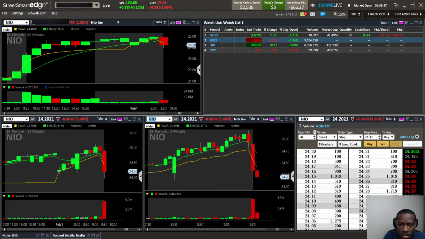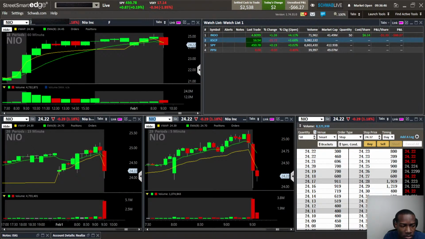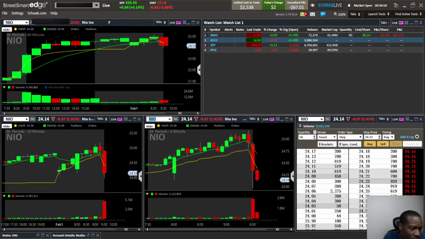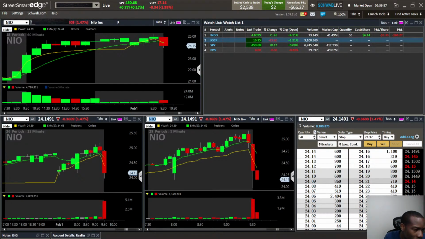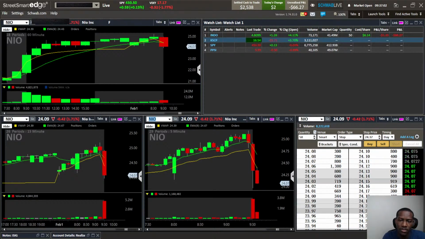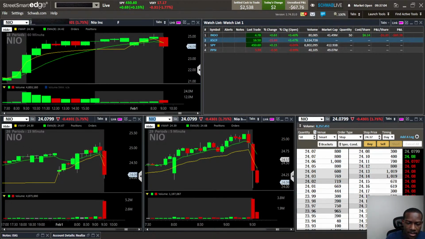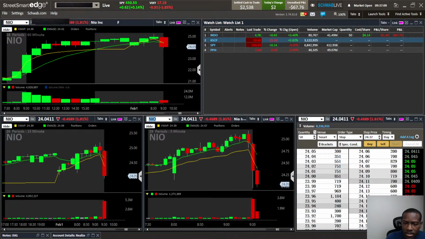Some insane downwards movement. If INDO can crack back over the 5, I'll be looking to add to that position. But if it goes ahead and breaks down the 450 today, it's over. NIO just absolutely dumping out of the gates.